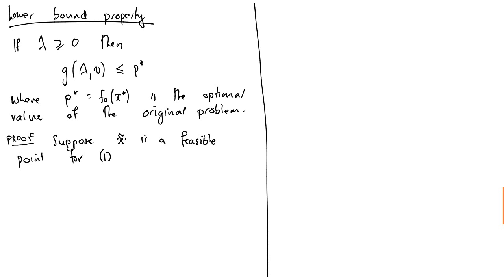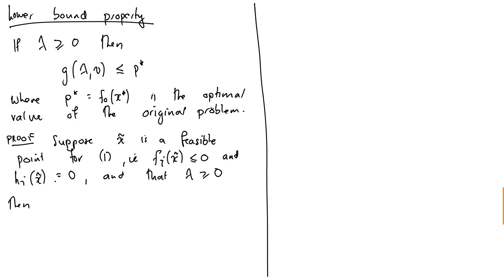So suppose x tilde is a feasible point for our original problem, i.e. f_i of x tilde is less than or equal to 0, and h_i of x tilde equals 0. And also suppose that lambda is greater than or equal to 0.